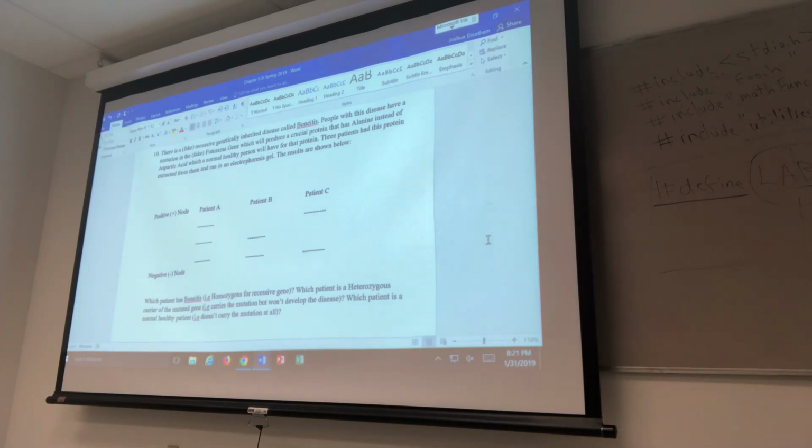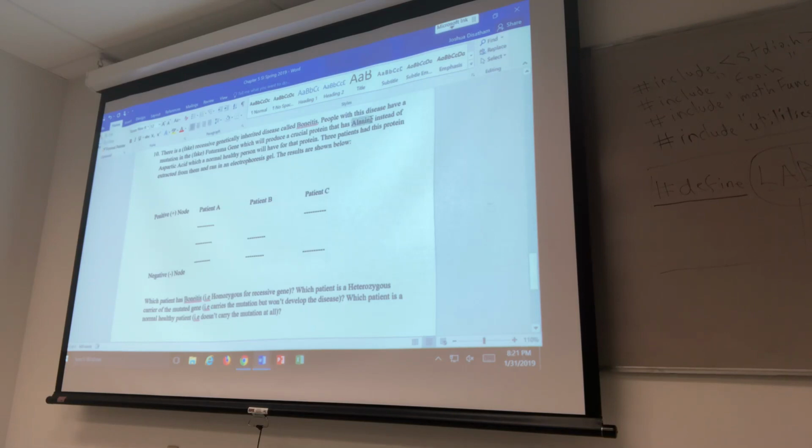You will be given a style of question where they give you what is called a gel, an electrophoresis gel, and you'd be asked to answer something about that gel. It'll be a long word problem, and they'll tell you there's some disease that is caused by a mutation in a gene.